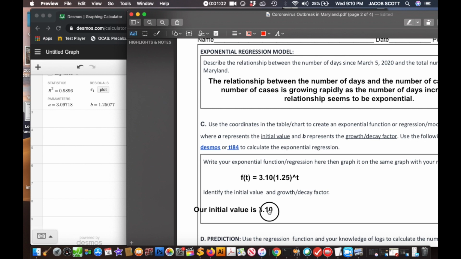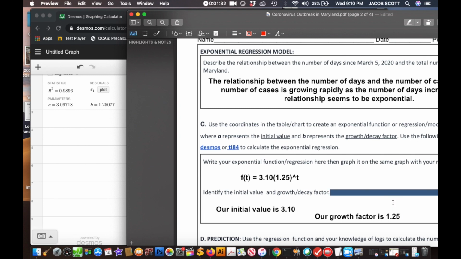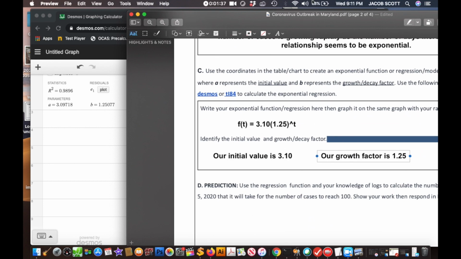Now, because we're talking about number of people, we really should make this an integer, but when we start dropping off digits, our model becomes inaccurate. So we're going to keep the 0.10, okay? Our growth rate factor is 1.25, okay? So that would satisfy that question. So all we had to do is identify.